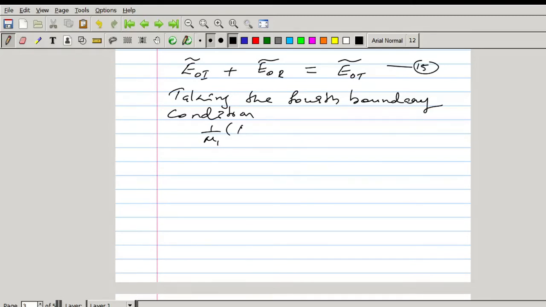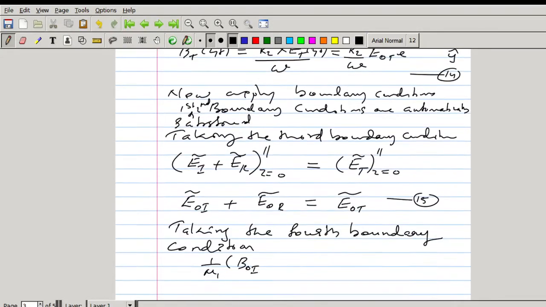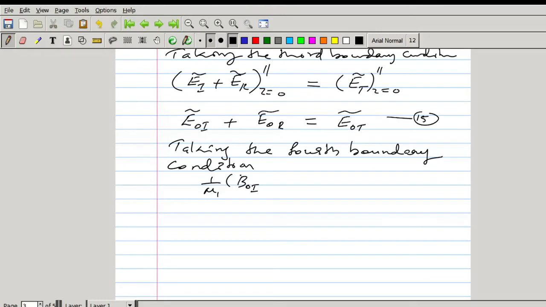Writing BI plus BR, the parallel component at Z equal to 0, is equal to 1 by mu 2 B transmitted, its parallel component at Z equal to 0.